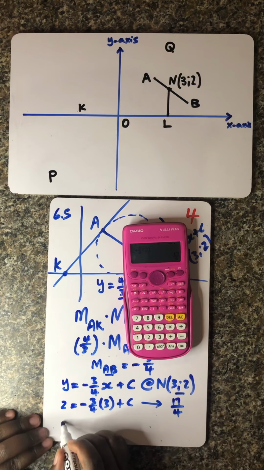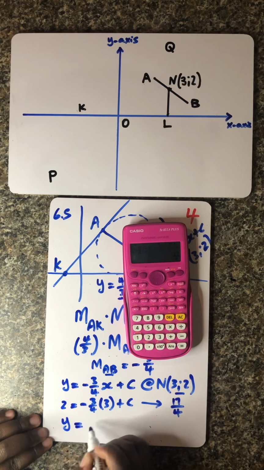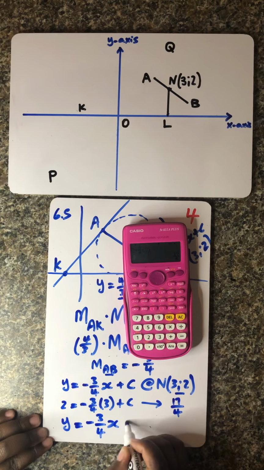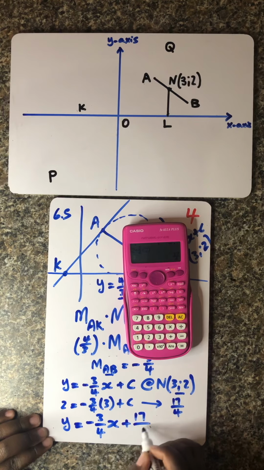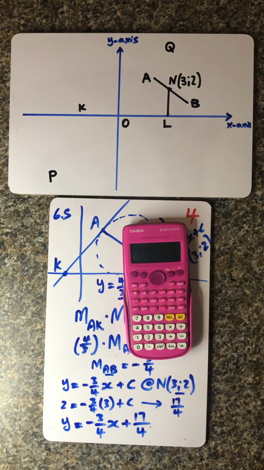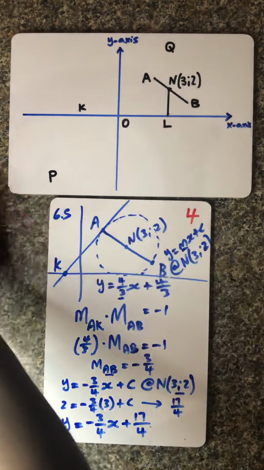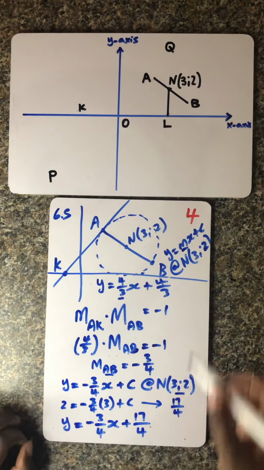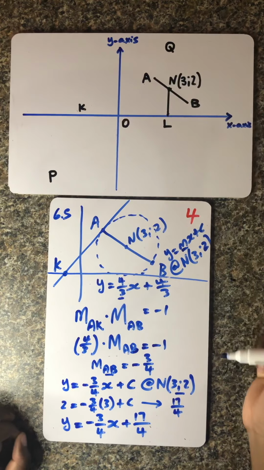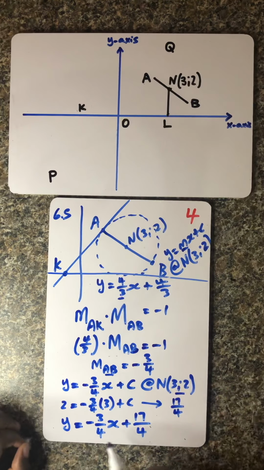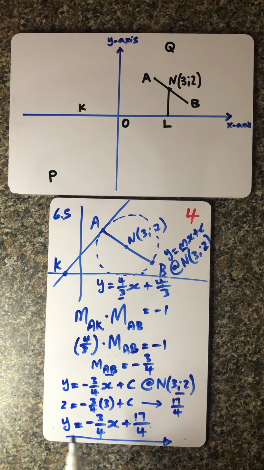So ladies and gentlemen, that means the equation is y equals -3/4x plus 17/4. Okay, so in simple terms, that means the equation of AB, or the equation of the diameter, is equal to that. Okay, so this is the form in which they requested that equation to be.